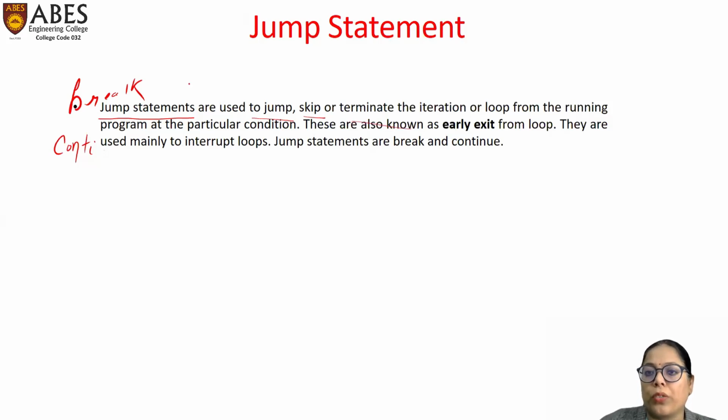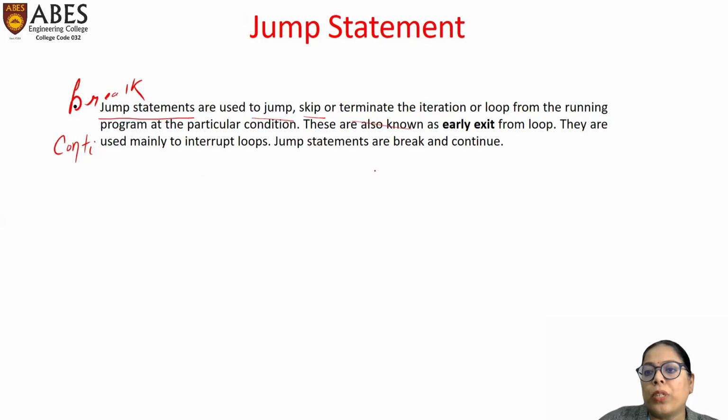at a particular condition. That means that during the process of iteration, when the loop is repeating, if you want to jump, skip, or stop that part of the iteration of the loop, then you can use jump statements like break statement or continue statement.